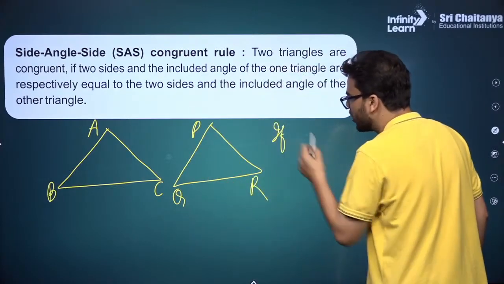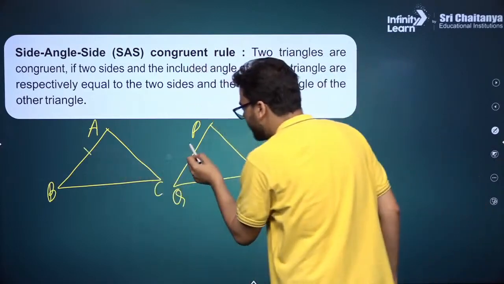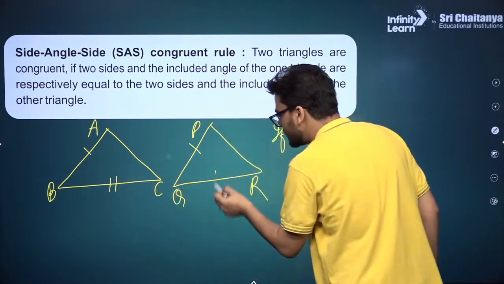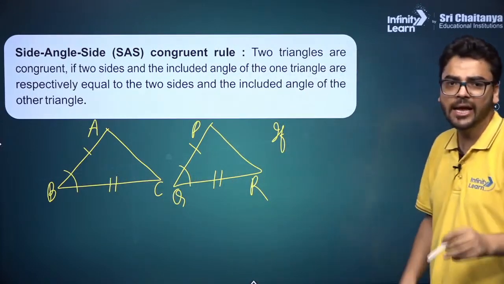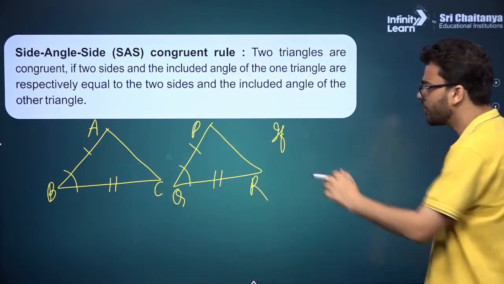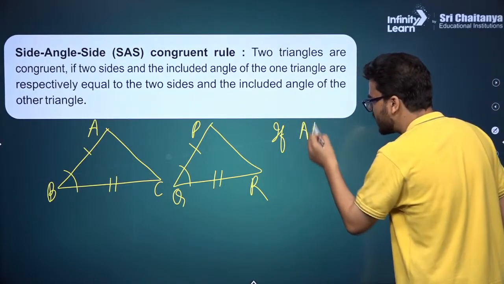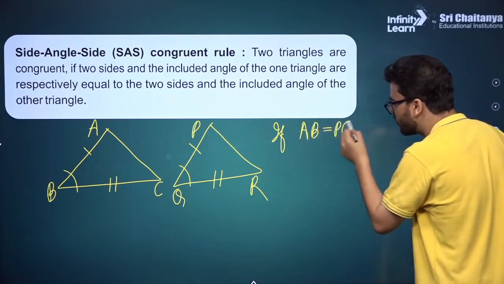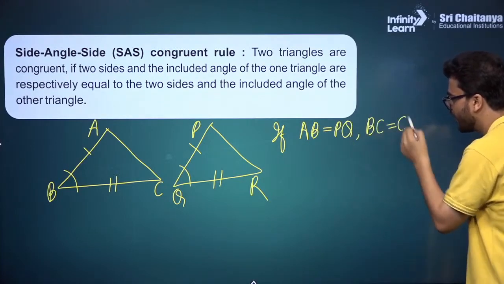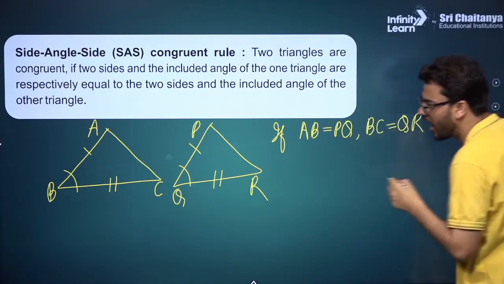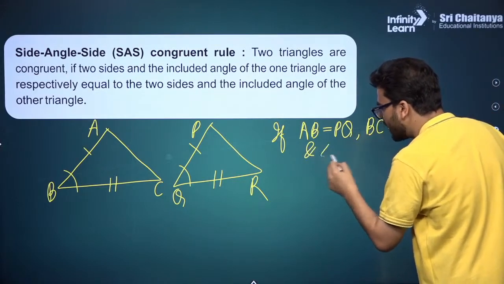See, if two sides are given to be equal, this is equal to this and this is equal to this, and the included angle between them. Don't forget that you have to take included angle. So if over here AB is equal to PQ, BC is equal to QR, and angle B is equal to angle Q.